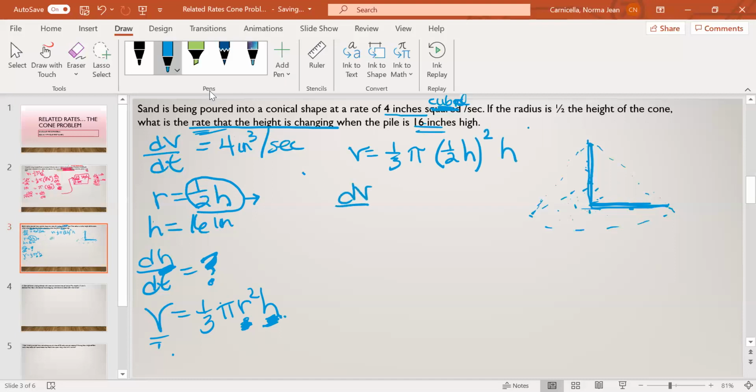So my change in volume, which is one of our knowns, so I'm getting happy here because I see some stuff happening. That's going to equal, and let's just call this 1/4 h squared times h. Let's make that even prettier.